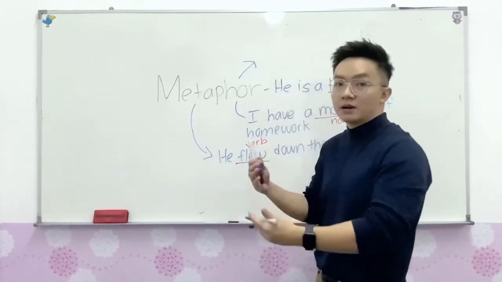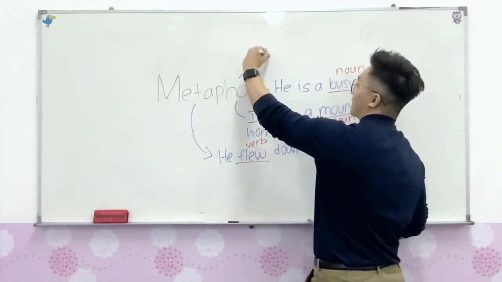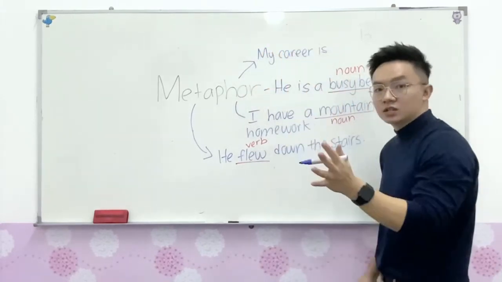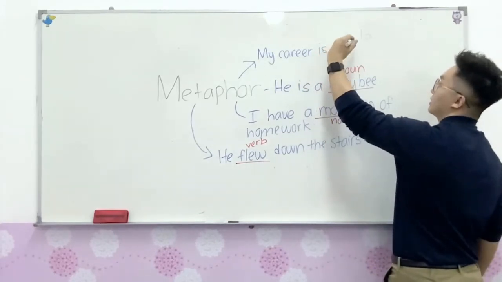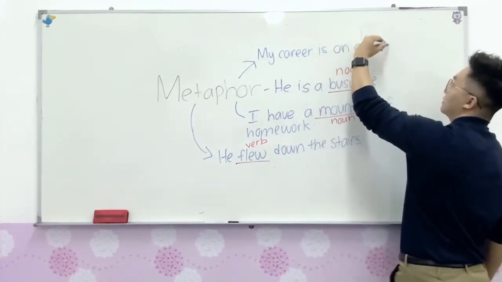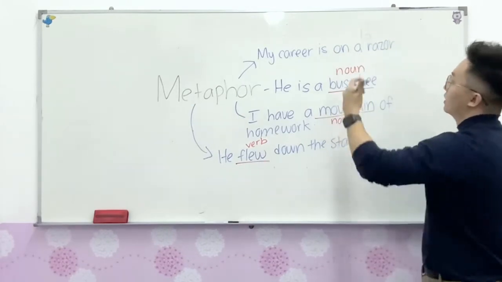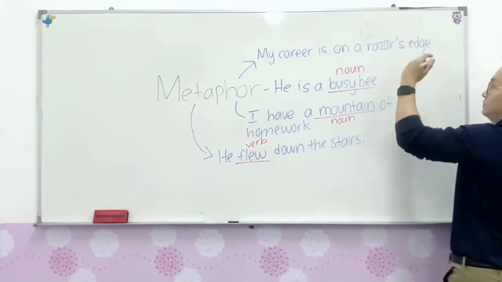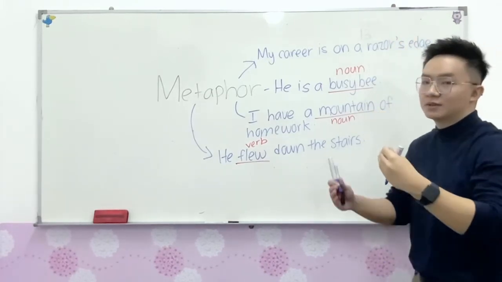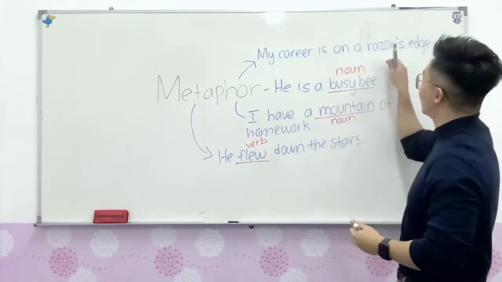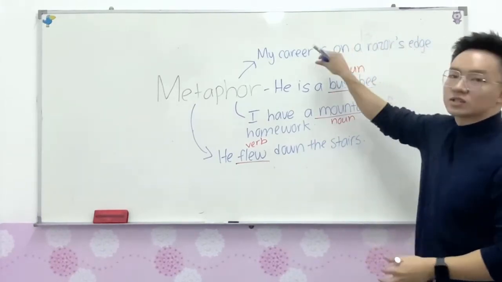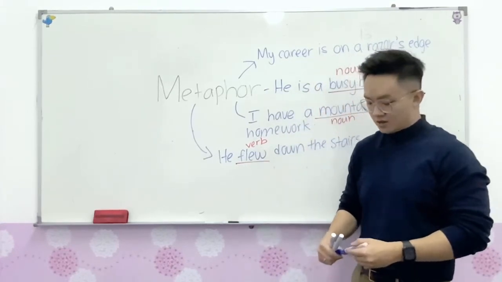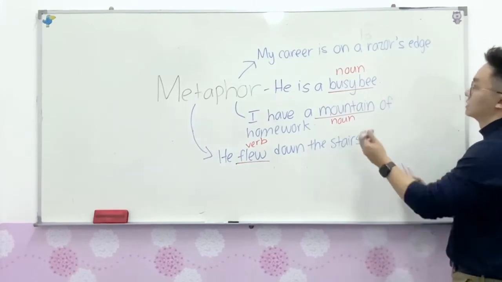How about I change it to my career is on a razor's edge. Razor is something that's very sharp. Edge means 边缘. So razor's edge actually means your career is in a very dangerous situation. This is called the prepositional phrase.